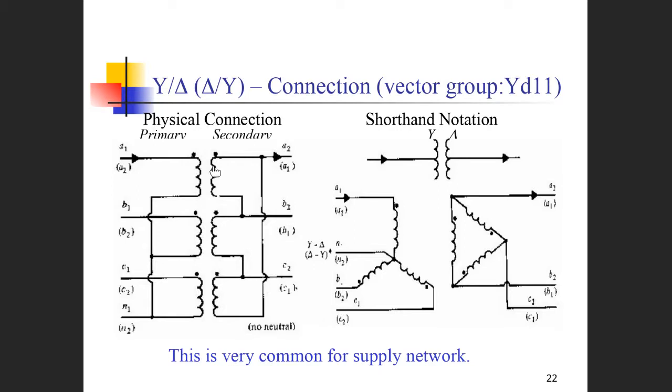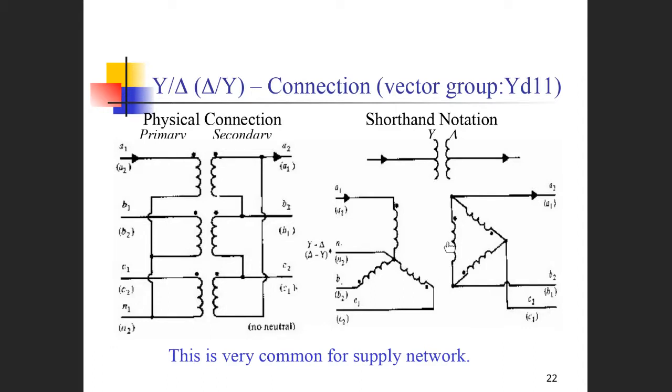So A1, A2 in phase. Looking at here, the primary star connection A1, the secondary delta connection A2. So A1 per star phase and A2 per delta phase correspond to each other.